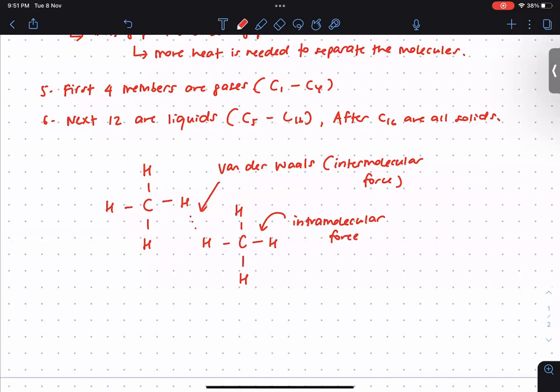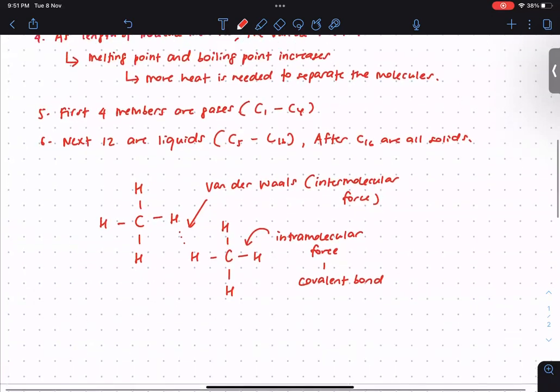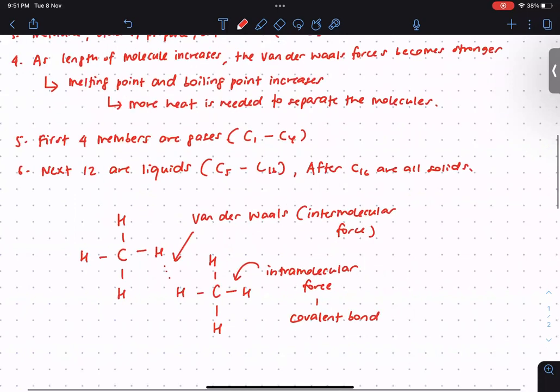Intermolecular force means between molecules. Intra means within the molecule itself. So this one, of course, is called a covalent bond. There is another type of intermolecular force called hydrogen bonding, but it's only between hydrogen and fluorine, oxygen, and nitrogen. So this is just to let you know what's going on between them.